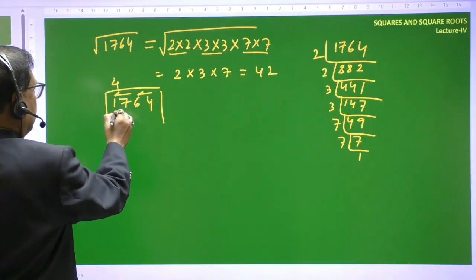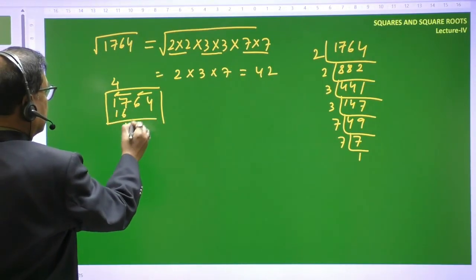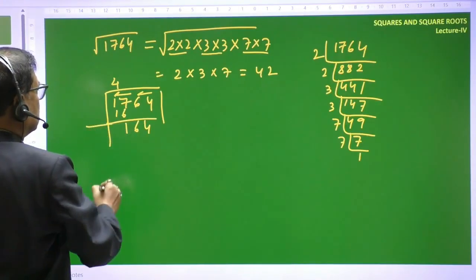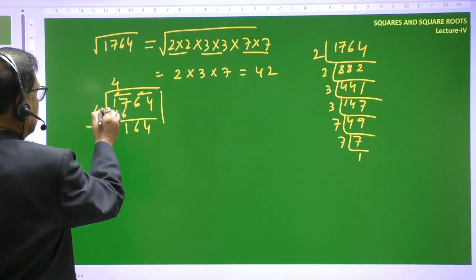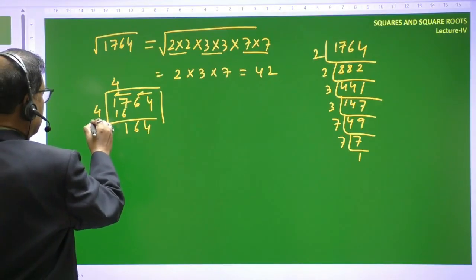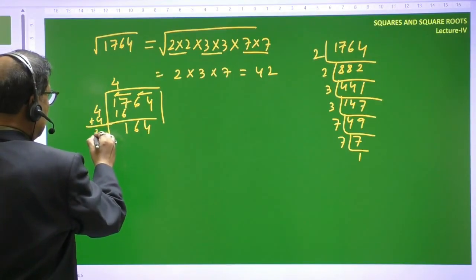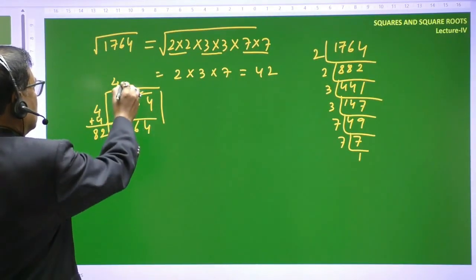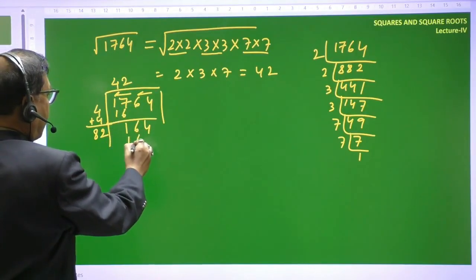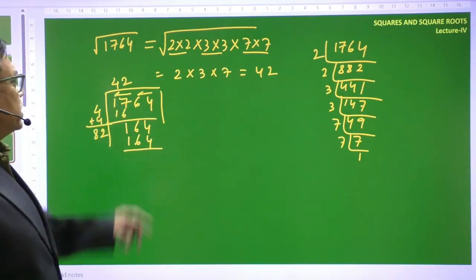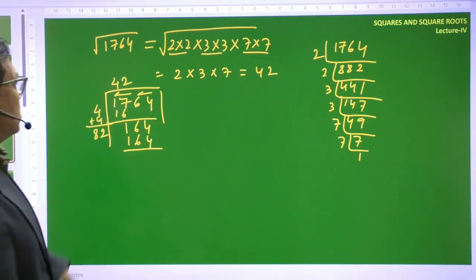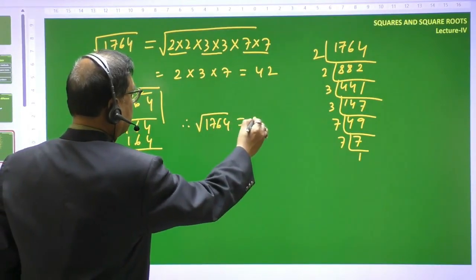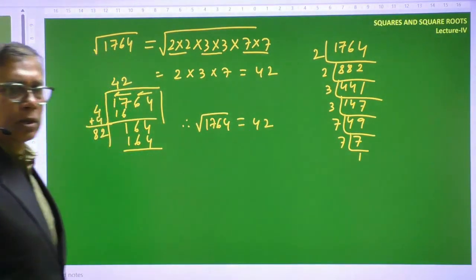So 4 we have to give, 1 remainder, next pair, try to remember. So 4 plus 4, 8, or double of 4. Then 4 here, so obviously 2. So 42 is the square root value. So by the long division method, the square root value is 42.